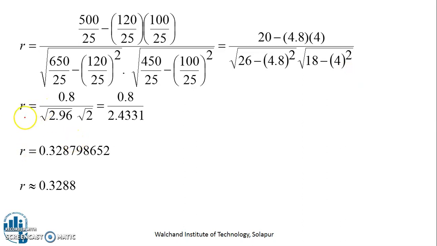Now use the calculator to simplify. We get numerator 0.8 and in denominator 2.4331, which gives r equal to 0.328798652. Approximately r equal to 0.3288. This is the required value of r.